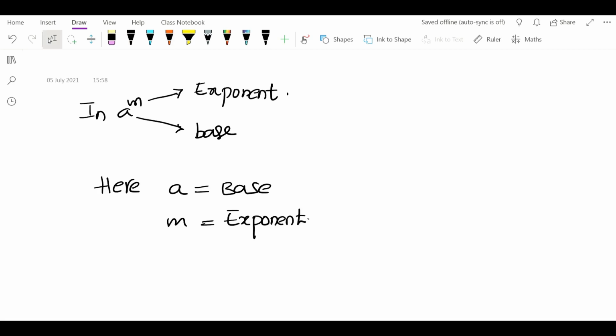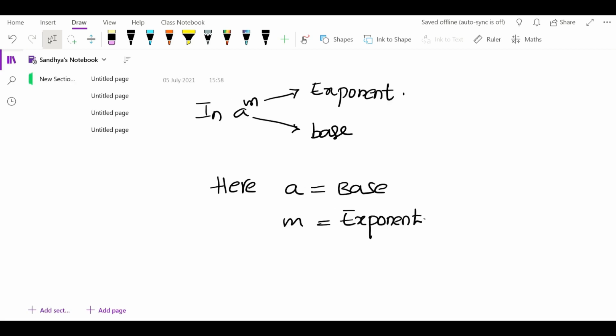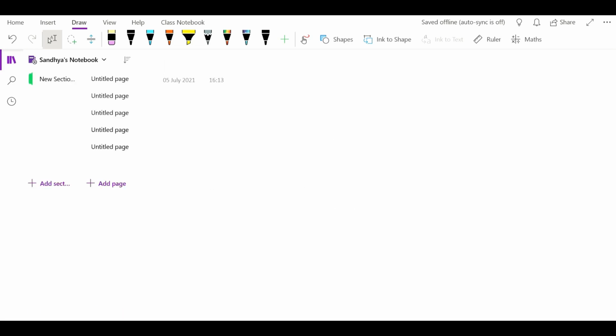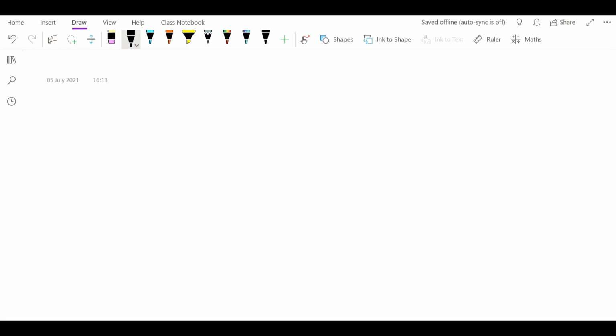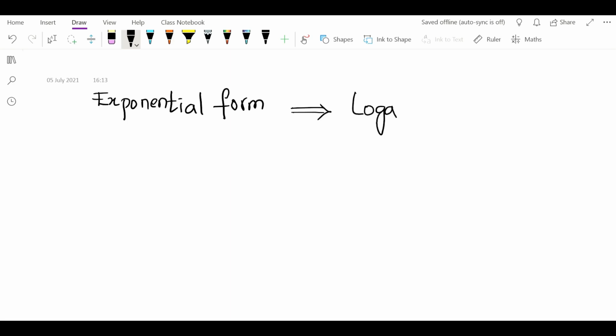Next, we will learn how to convert the exponential form to logarithmic form. Exponential form to logarithmic form.